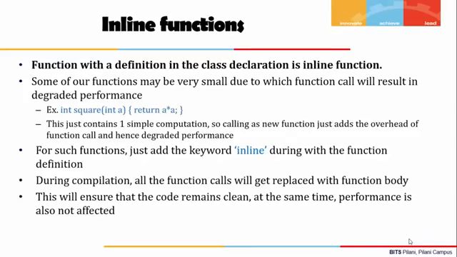So, suppose some of our functions are very small due to which the function call will result in degraded performance. For example, int square int a, return a into a. This just contains one simple computation. So calling it as a new function just adds to the overhead of the function call and hence degraded performance.